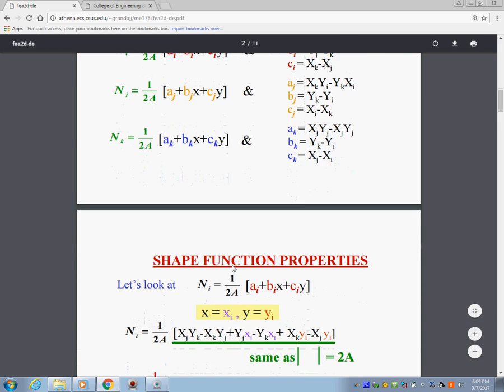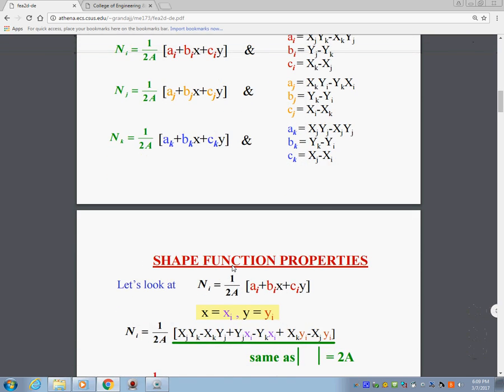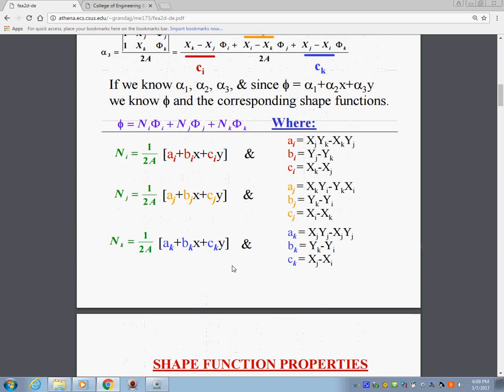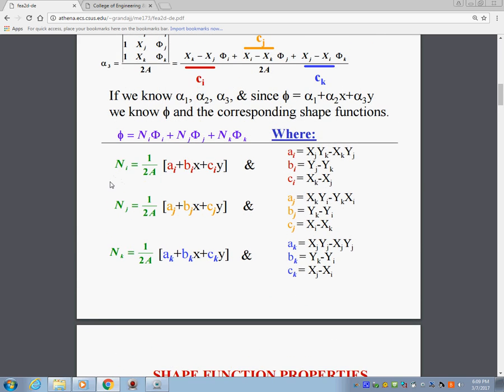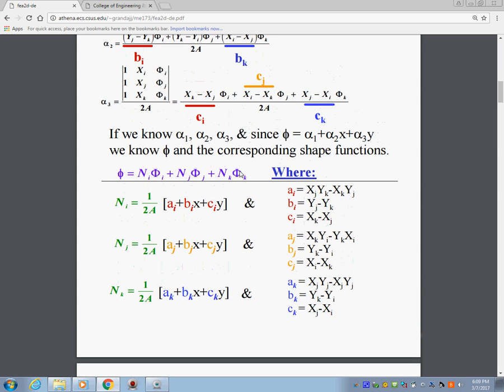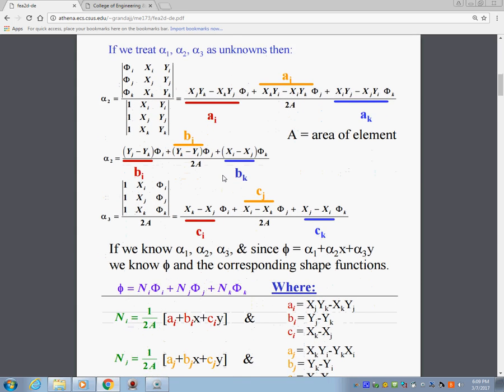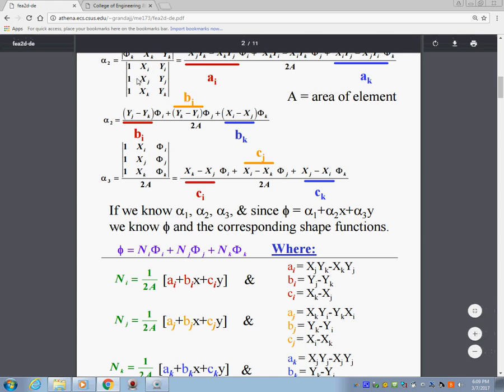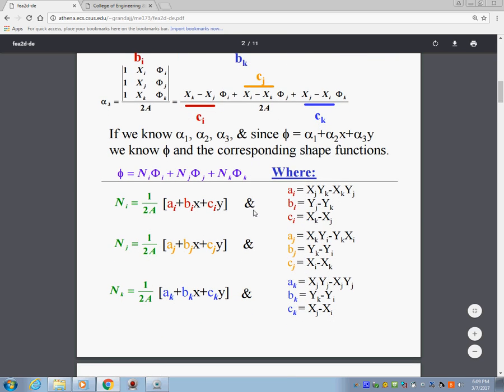So what ends up happening is that the shape functions are 1 over 2A, where A is the area of the triangle. And if you expand this determinant here, you will see that that is exactly 2A. Okay? So the shape functions in 2D are given by these expressions.